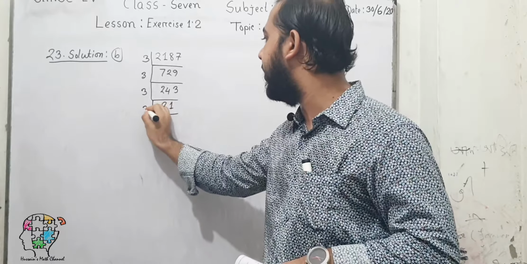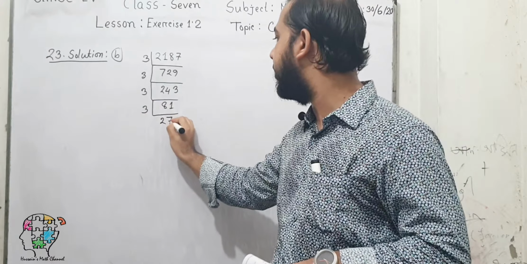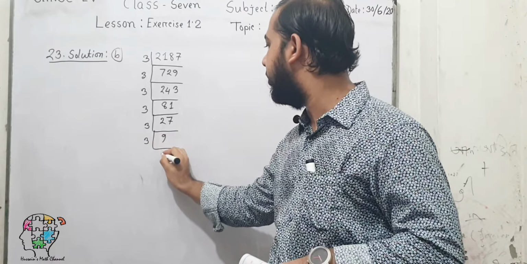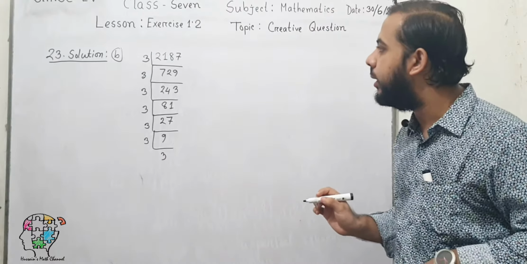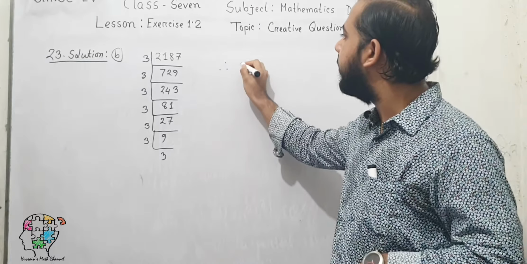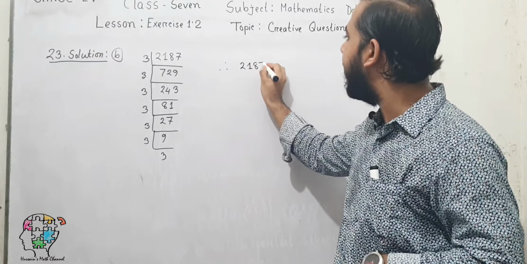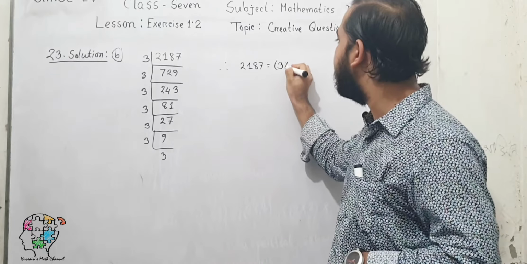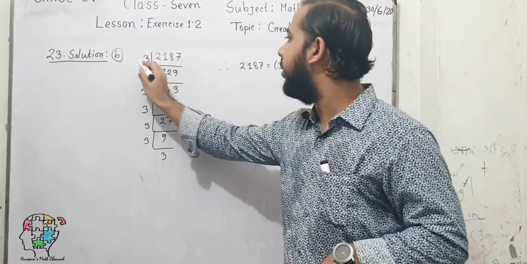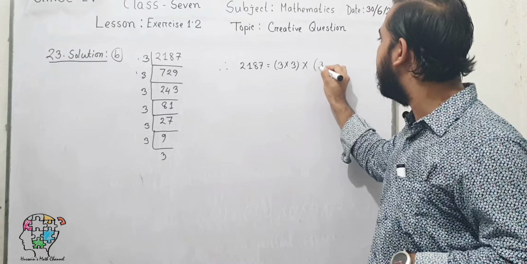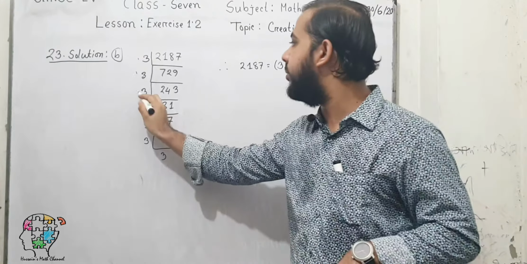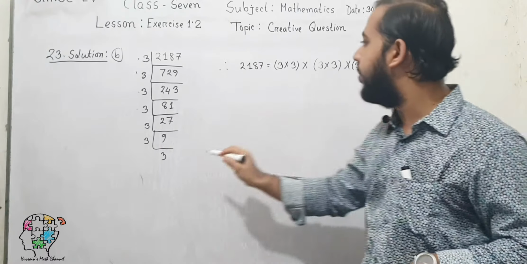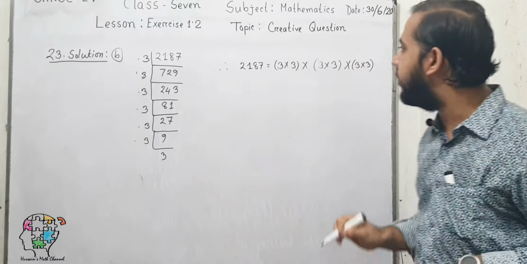Again divided by 3 we'll get 27, and finally we'll get 3. So all are 3. Now if we write this as pairs, we'll get 3 times 3 as a pair, first 2, and then again 3 times 3 another pair, again 3 times 3 another pair, but the last one is not in pair.